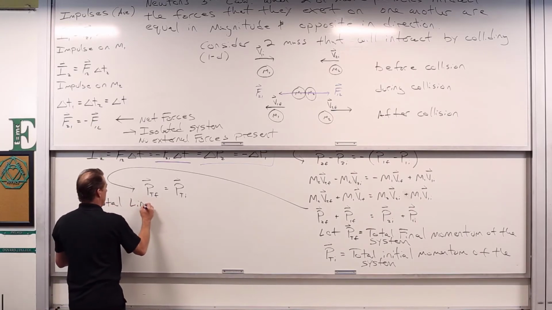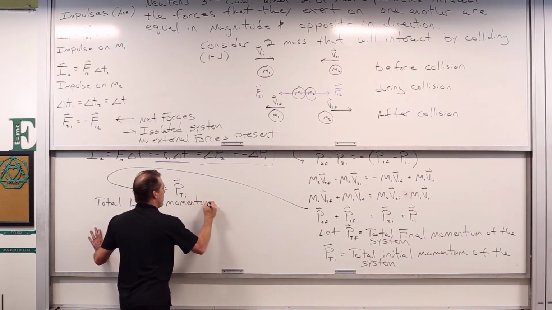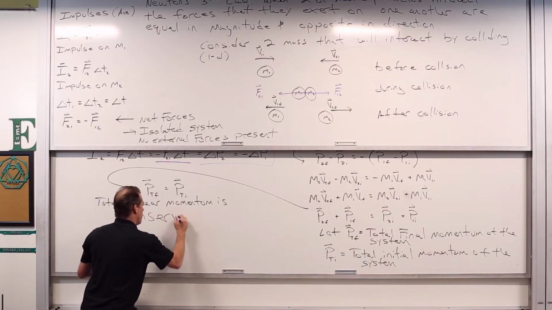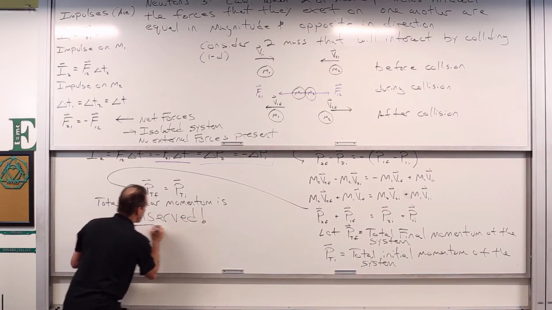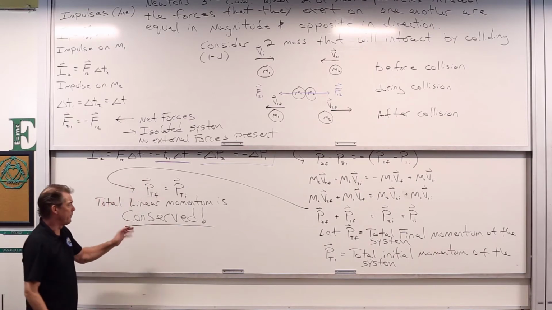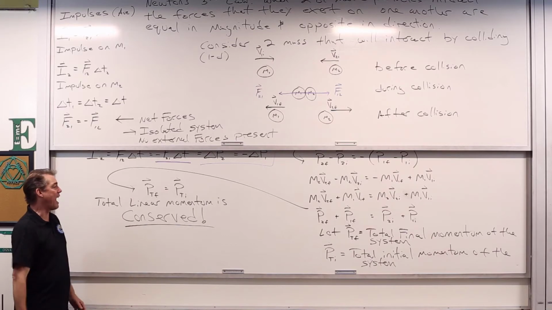Total linear momentum is conserved. Whatever the final momentum is, it is equivalent to whatever the initial momentum was, as a whole for the entire system.